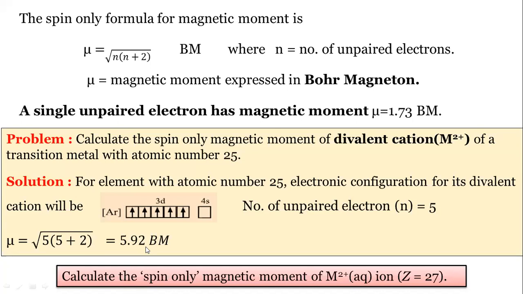Suppose a student doesn't know how to calculate this square root, we can write under root 35, and only half a mark will be reduced. Your half mark will be reduced if you are unable to calculate the under root, but it is expected to calculate the unpaired electrons, to put the values in this formula, and to write the unit also.